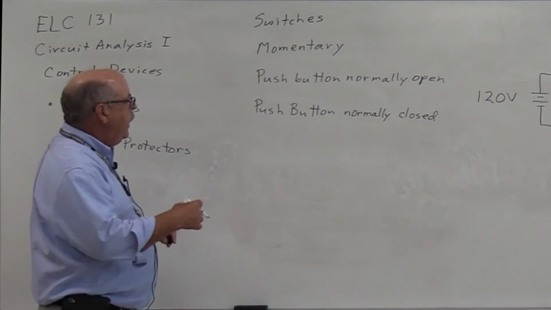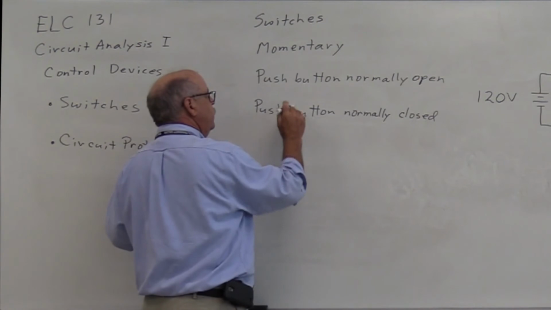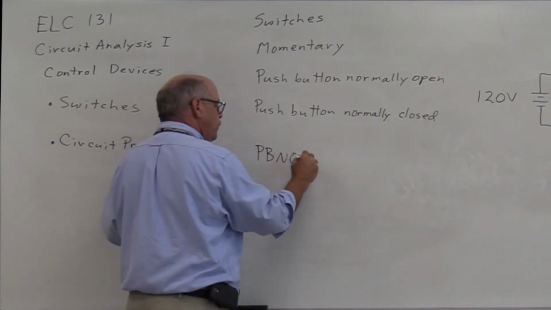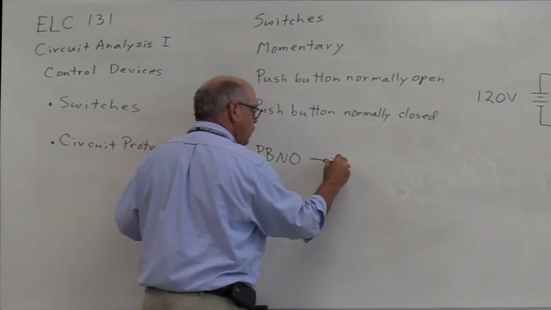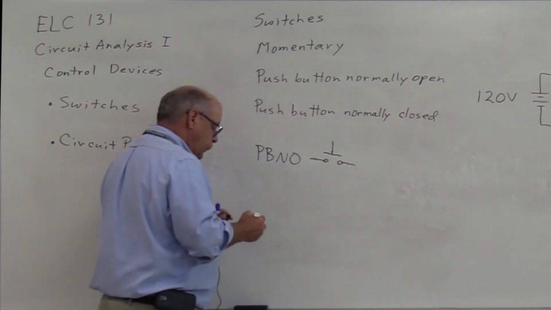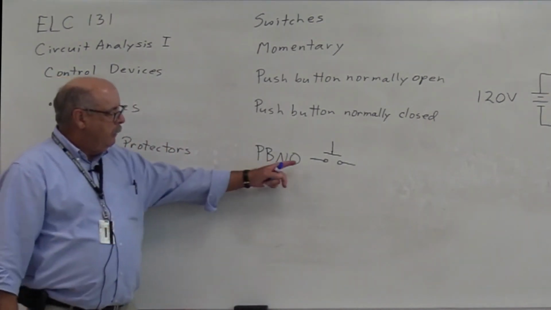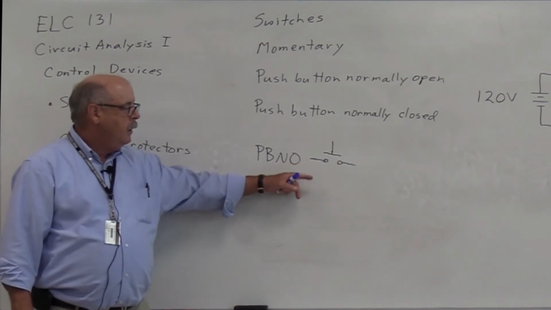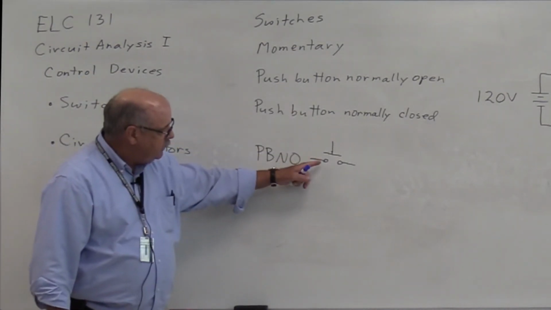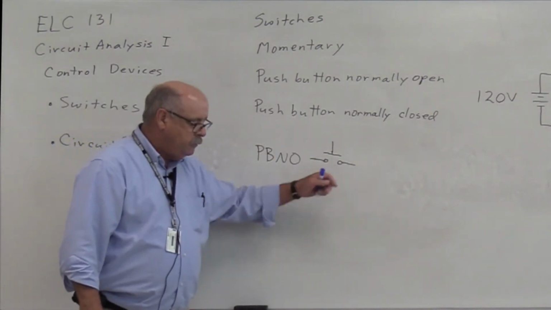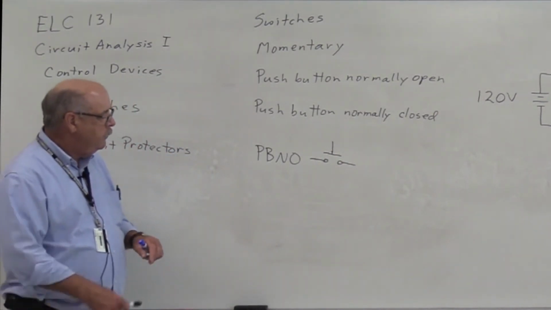Now, the schematic symbol for the push button normally open switch looks like this, showing you schematically that the switch is normally open, and when you depress the switch, it closes the contacts to provide voltage or current at this point.